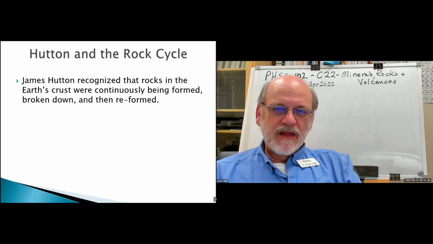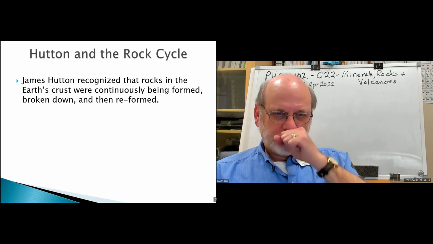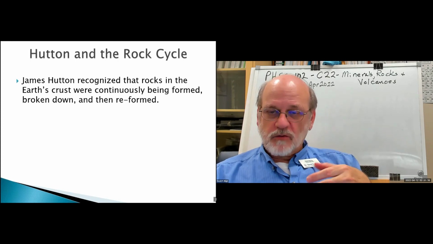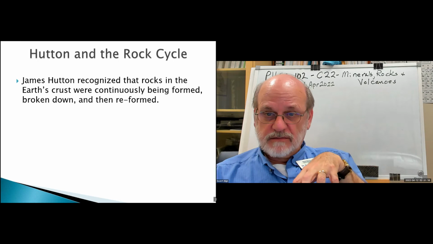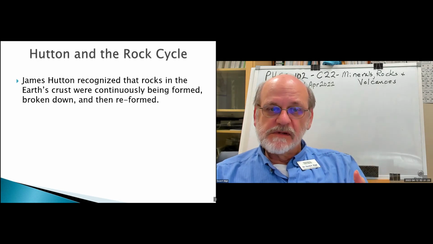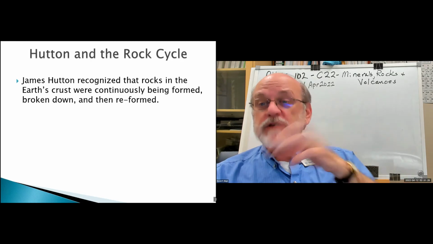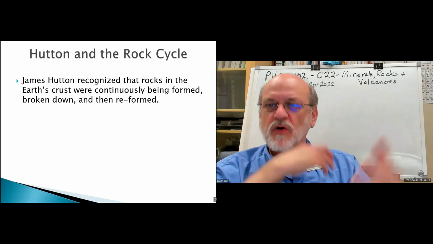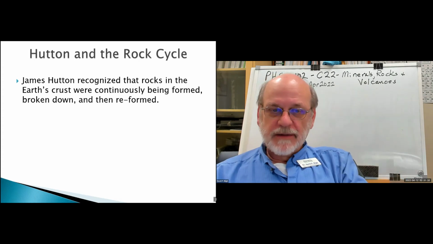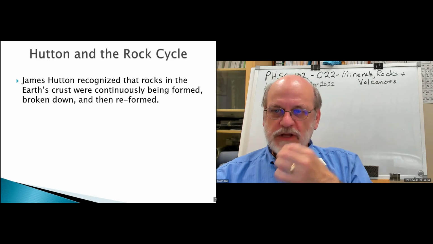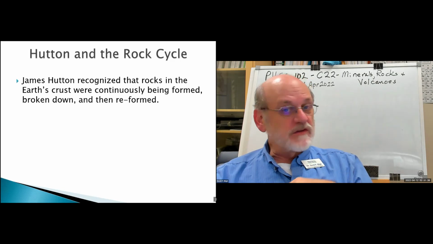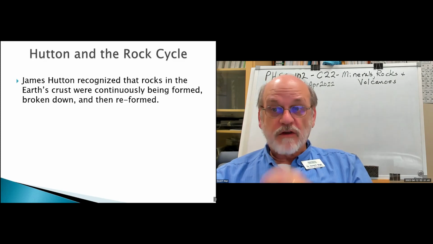All right. So what James Hutton proposed was that rocks in the Earth's crust are continually being formed and broken down and reformed. These processes have been going on for a long time. That was one condition. In order for us to infer things about the past, we have to assume that the Earth is not young, that the Earth is very old.